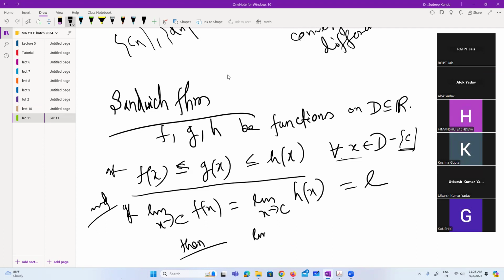The limit as x tends to c of g of x equals L. You have already studied this, right? Is this theorem clear? Or do you have any doubt till now?